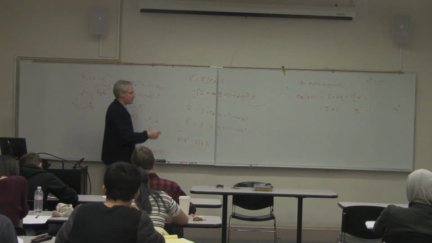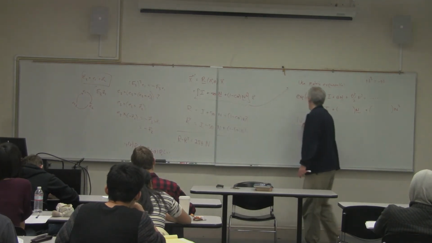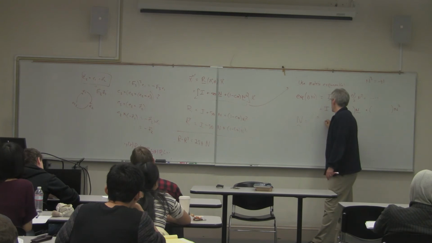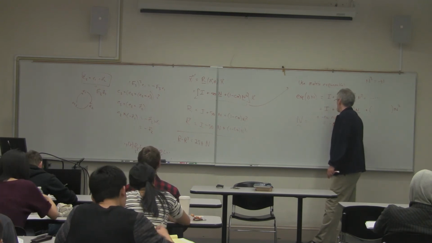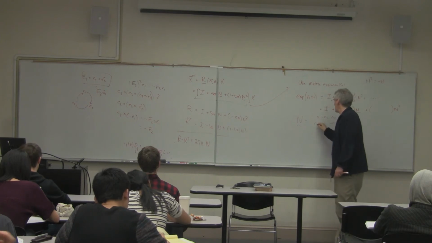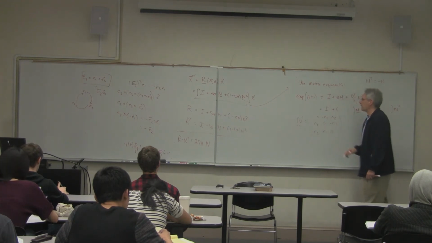And remember, n is the skew-symmetric matrix that looks like this. It has embedded in it the entries of the vector little n.